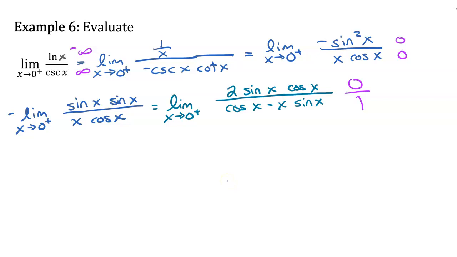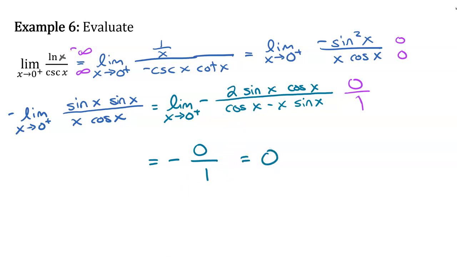Now, since we don't have 0 over 0 and we don't have infinity over infinity, we can actually apply the limit this time. So the limit as x approaches 0 from the right would be negative. Remember, we do have that lovely negative. 0 over 1. This is an actual number, and that number is 0.